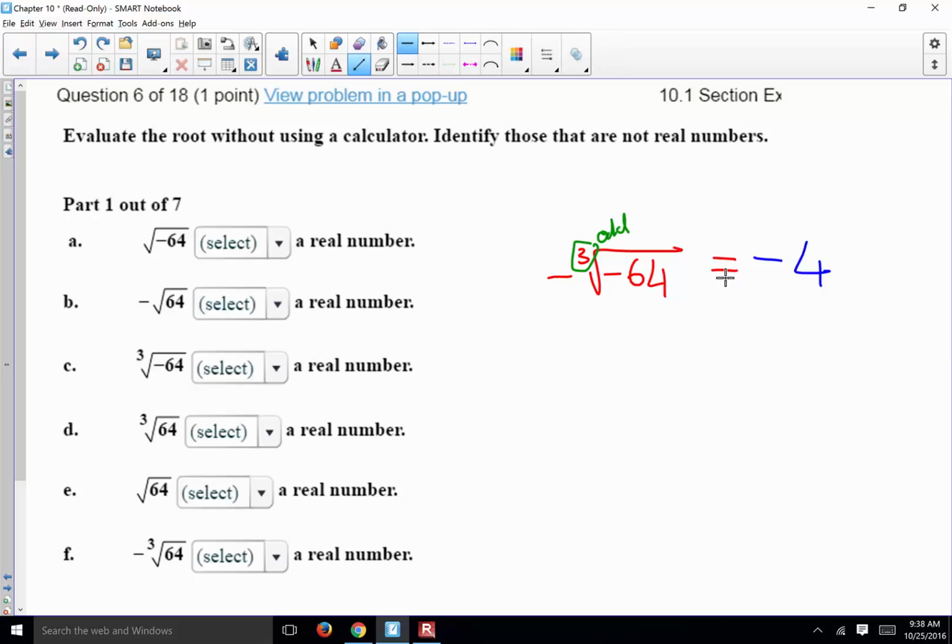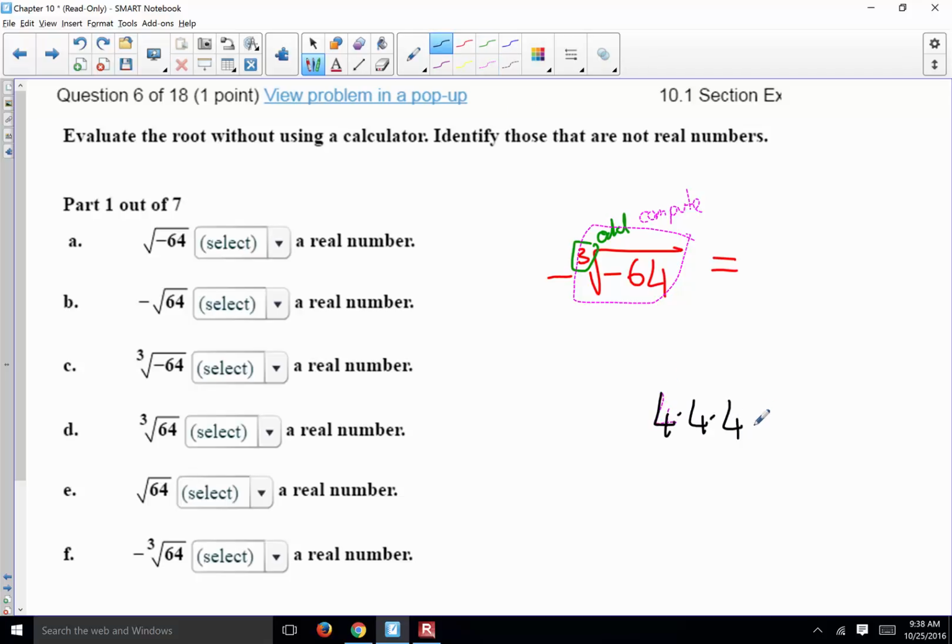Alright, how do we do this? Start inside out. Take a look at this part. Compute this first. Ignore the minus. What number multiplies itself 3 times and makes minus 64? I believe it's 4. Not positive 4, right?